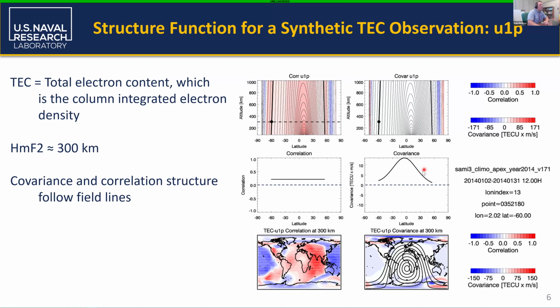These ion motions satisfy something called the potential equation, which is an elliptic equation for the electrostatic potential, and it is forced by the electron density. So there is a specific relationship that exists between these motions and the electron density, which you want to preserve, and which you won't if you haphazardly do localization in your data assimilation system.